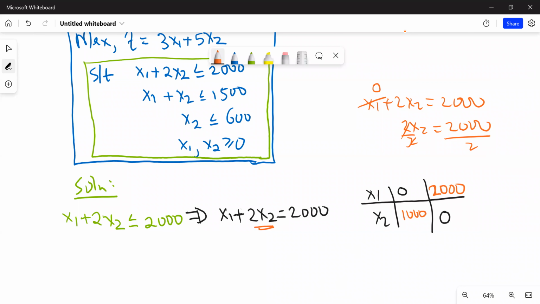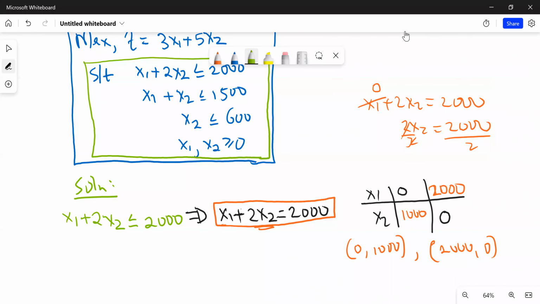So the points on that line are (0, 1000) as the first point, and the other point is (2000, 0). So this line is passing through those 2 points among many other points. We'll be using those 2 points to draw that graph.